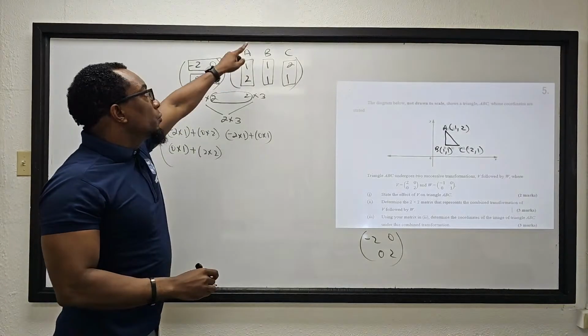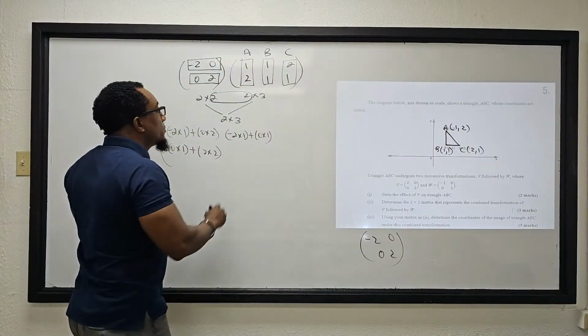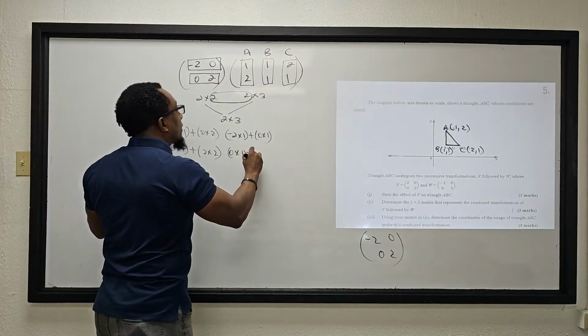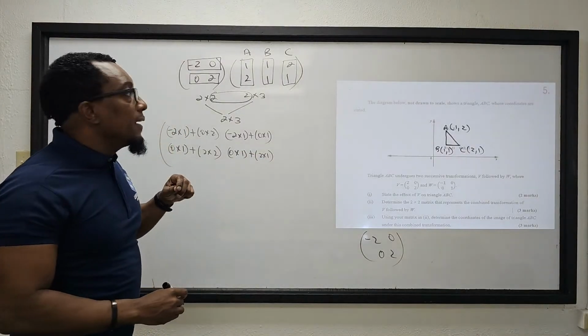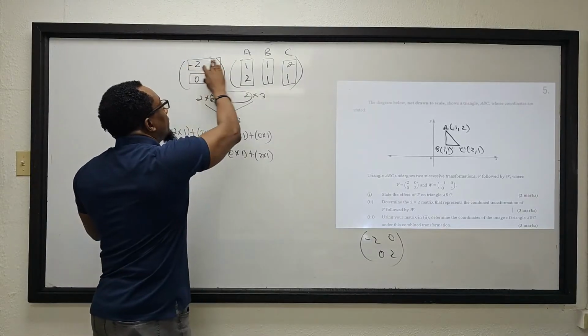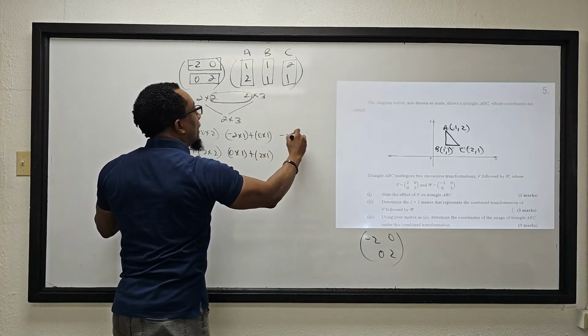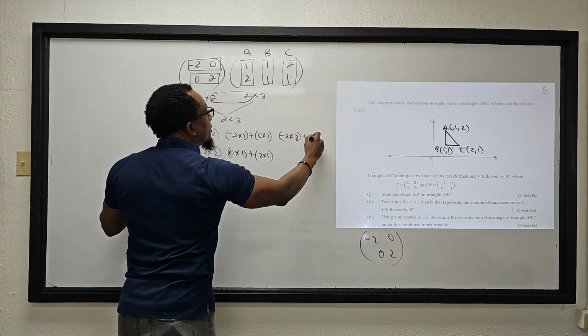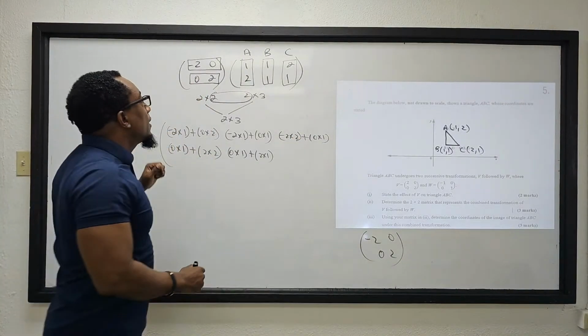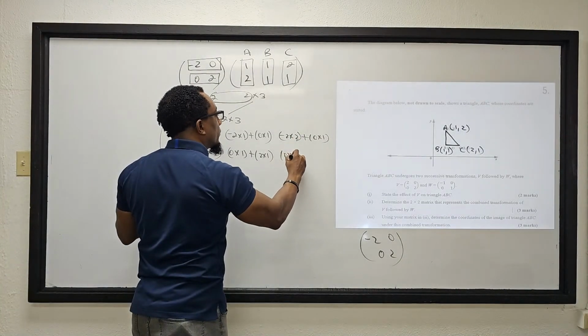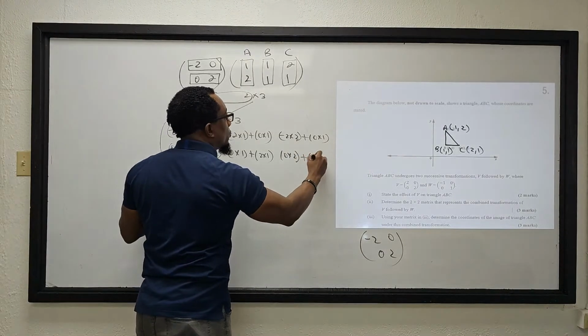Then my second row by my second column, 0 by 1 plus 2 by 1. And then my two rows by my last column, this is the first row, last column, negative 2 by 2 plus 0 by 1. And then the second row by my last column, 0 by 2 plus 2 by 1.